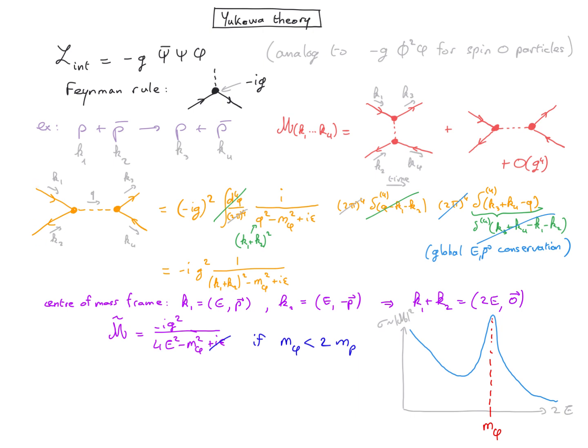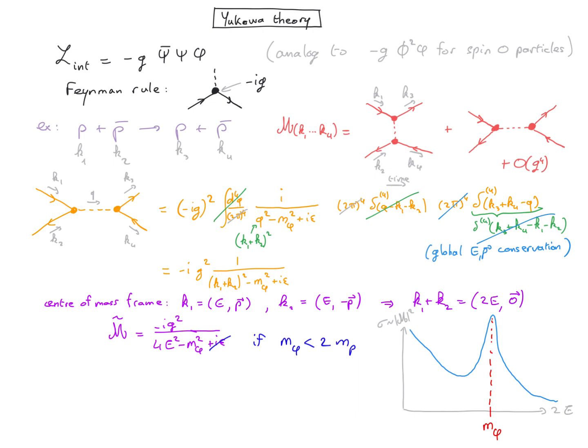Now we could ask, why do we have something which is still finite and doesn't diverge to infinity because we have a division by zero? In fact, this is because we used the propagator for the mediator, assuming that it was a free particle, like a particle which would not be able to decay.